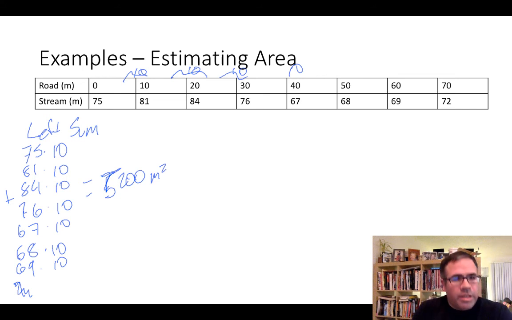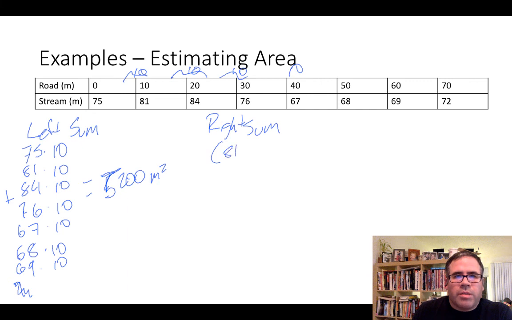Interestingly enough, in this case, since all the intervals are the same length, when we do our right sum, we don't actually have to do this multiplication first. Since we're multiplying everything by 10 anyways, we can factor out that 10 and do the addition first.